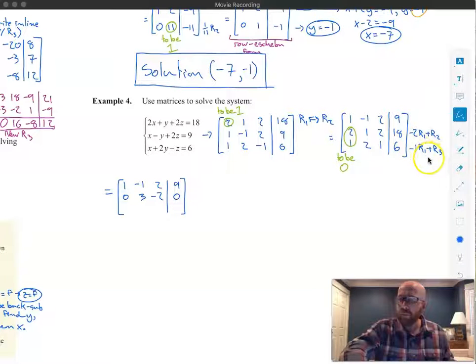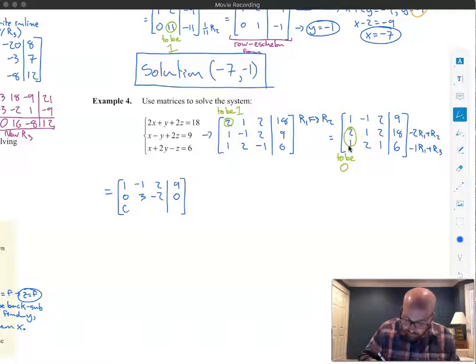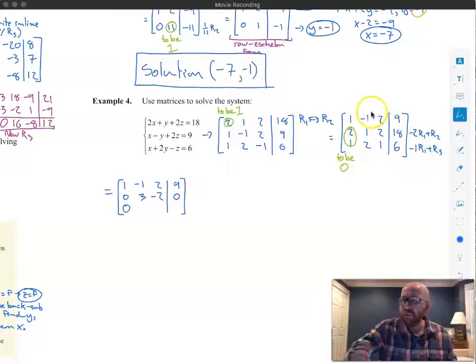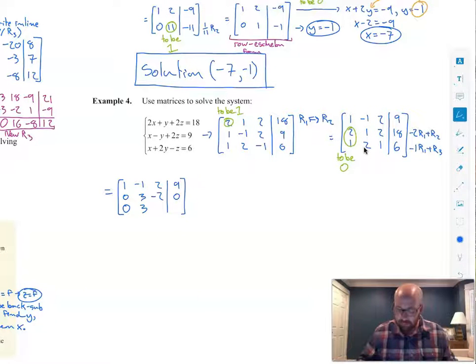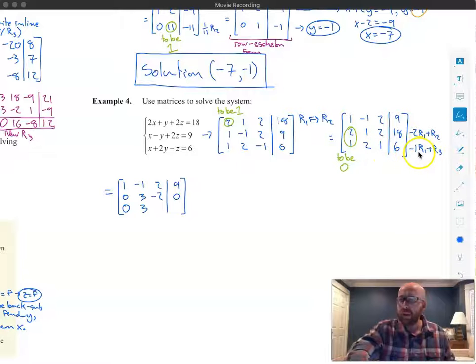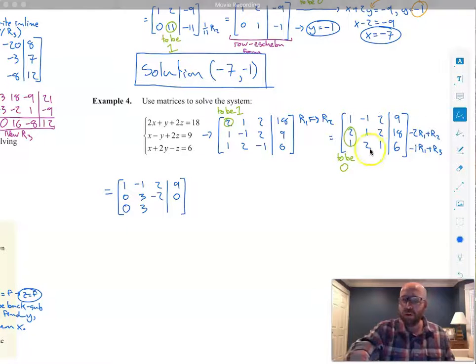Now row 3. Negative 1 times 1 is negative 1 combined with 1 is 0. Negative 1 times a negative 1 is a positive 1 combined with a positive 2 is 3. Negative 1 times a 2 is a negative 2 combined with a... this is where you've got to be so careful.